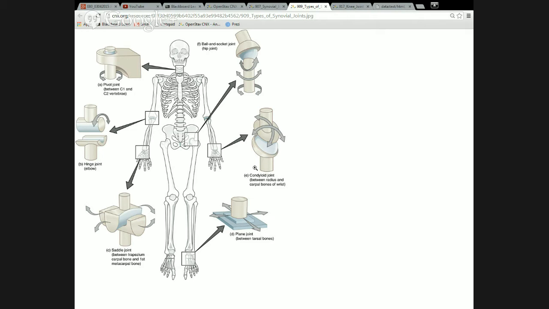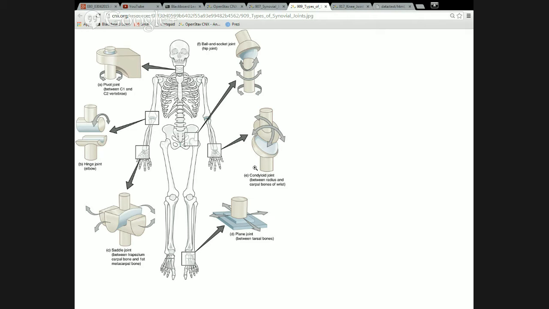Now, the thing about a condyloid joint is while it has two axes of movement, one of them is much easier to move than the other. So you can move your fingers back and forth quite easily like this, but then going side to side, there's a lot less movement in that. It's a little tricky describing what's happening here movement-wise before I give you the terms to describe movement.